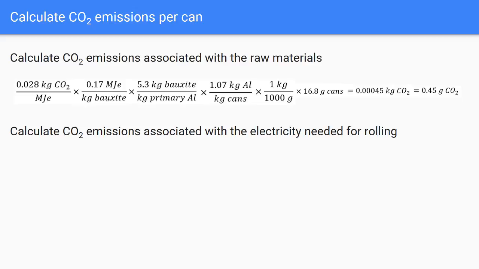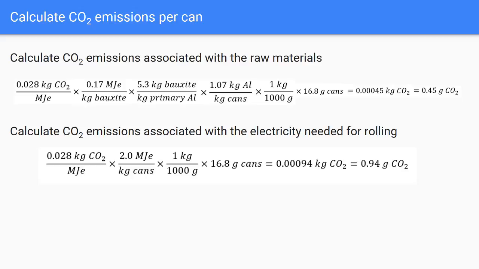Next, calculate the CO2 emissions associated with the electricity needed for rolling the big block of aluminum into a thin sheet. The numbers here are 0.28 kilograms of carbon dioxide per megajoule of energy multiplied by 2 megajoules of energy per kilogram of can multiplied by 1 kilogram per 1,000 grams to convert the units multiplied by 16.8 grams per can results in 0.94 grams of CO2.